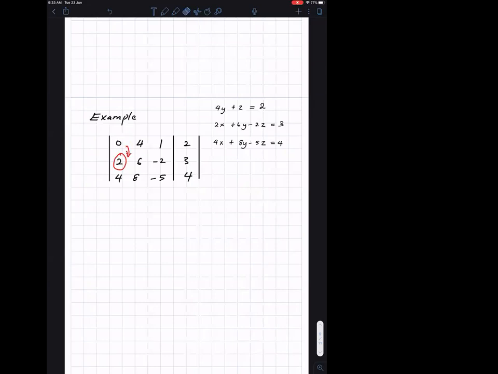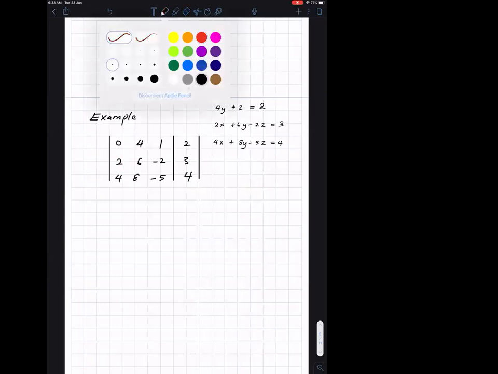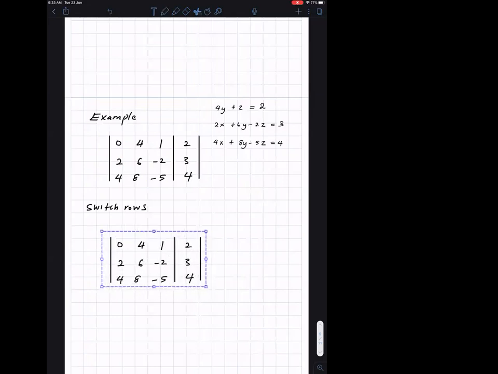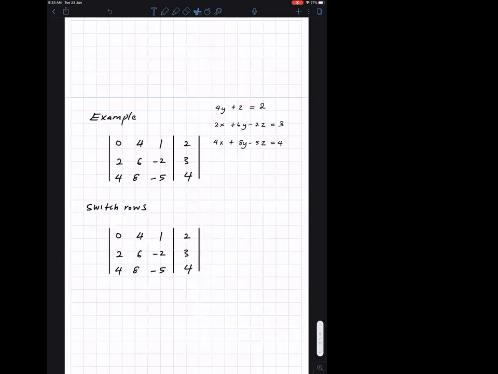We can switch rows simply by switching row.